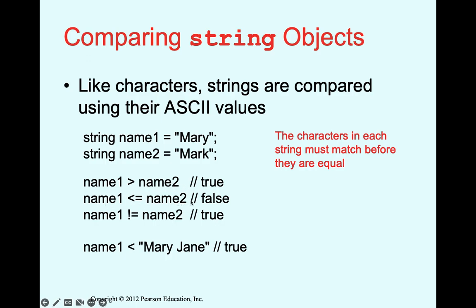The opposite is not true, it's false. Okay. And they are not equal. This is true, because they are not exactly the same string. We can also say name1 is less than Mary Jane, because Mary Jane has more characters. So name1 has only Mary, but Mary Jane is greater than it if we compare strings, because it has more characters.